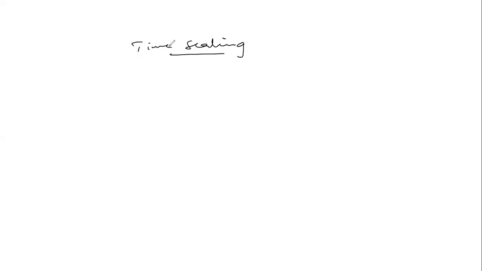We'll get the video. So now, for the time scaling, what we are trying to do, as the name implies, is to scale the time axis, right? So in your chart, you have the amplitude scale, and then you have the time scale, right?